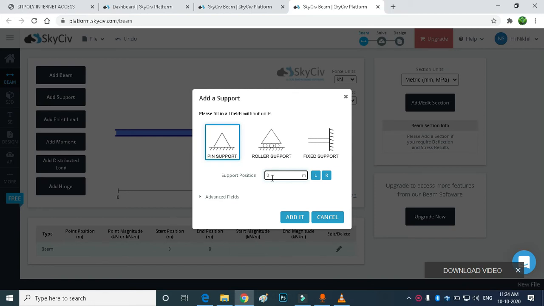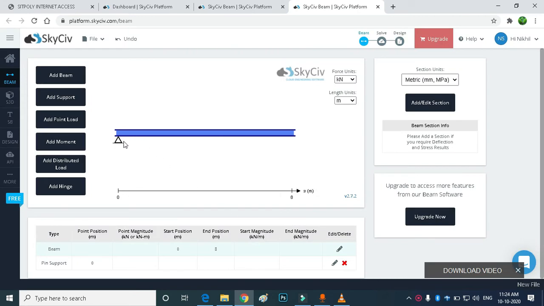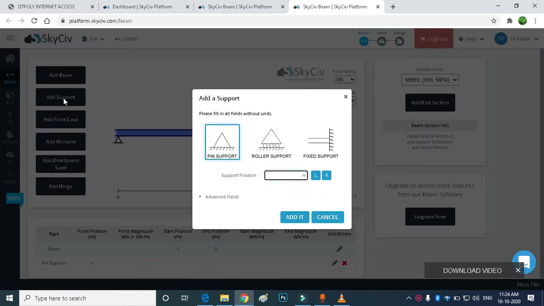After putting this value as 0, I will click add it, and I'll get a support at 0 meter, that is at the left hand end of this beam. Again, to have a support at the other end, I have to click on add support. Again clicking on pin support, I will put the support position as 8 meter.